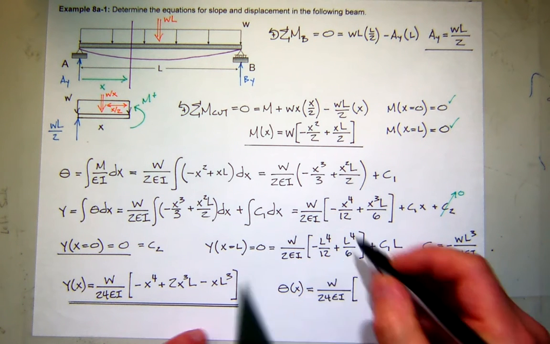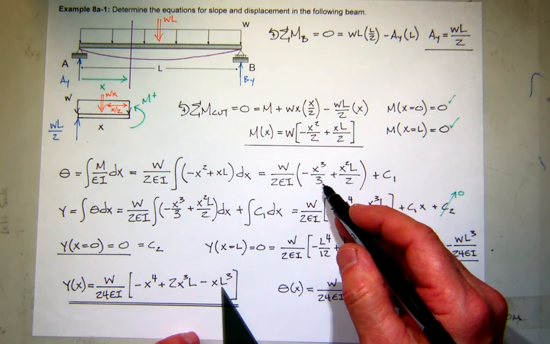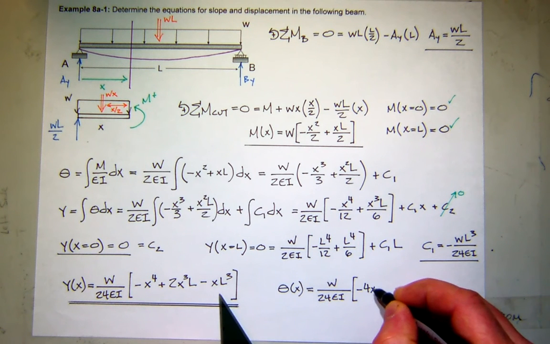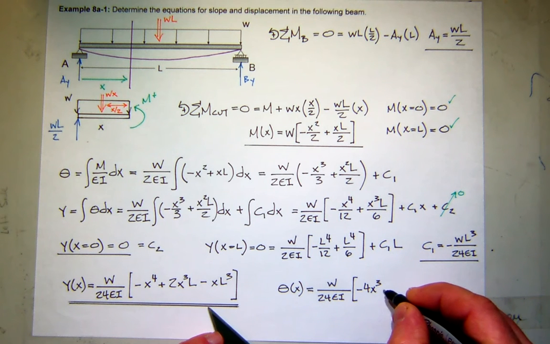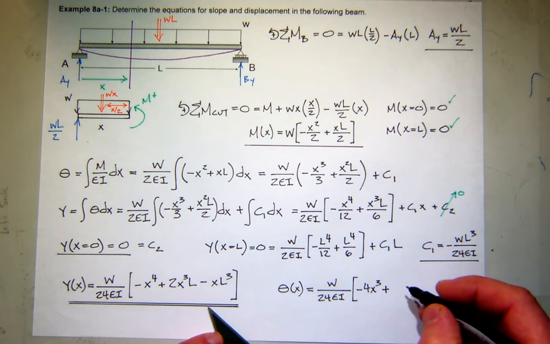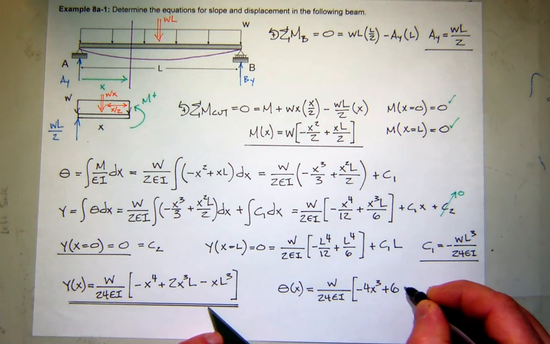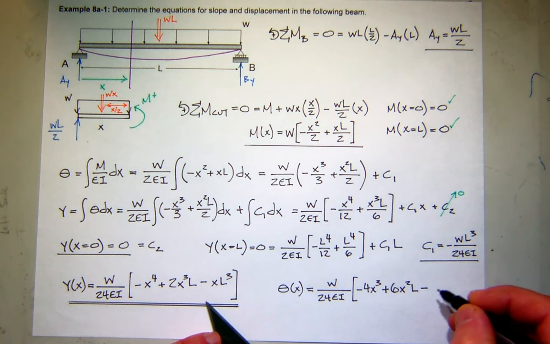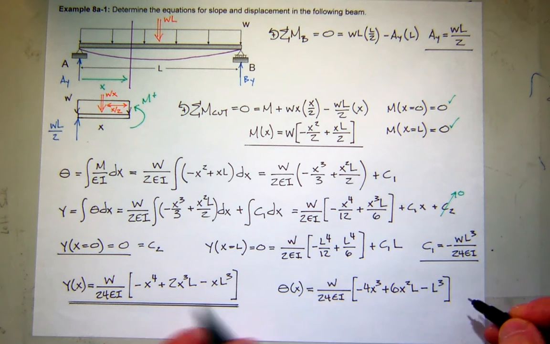And my first term, that would be 4, so that's going to be minus 4x cubed plus 6x squared L minus L cubed. I think that's it. Did I do that right? I think so.